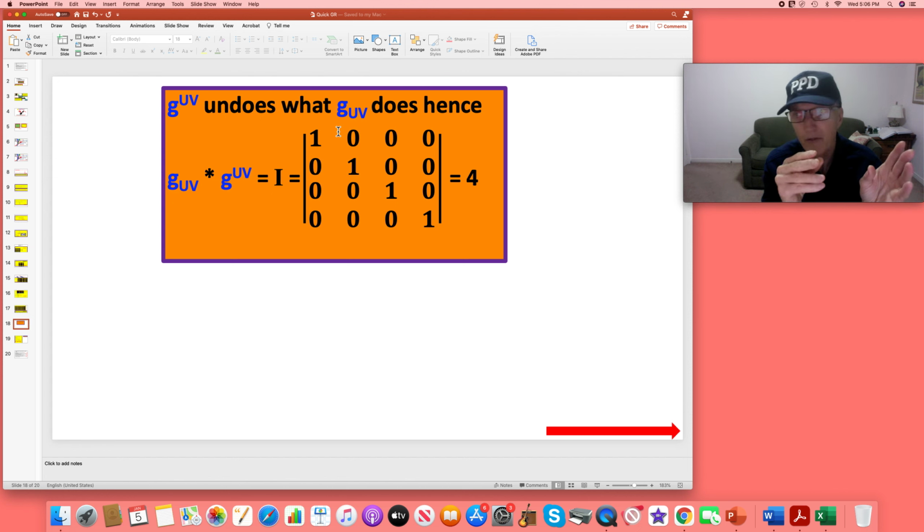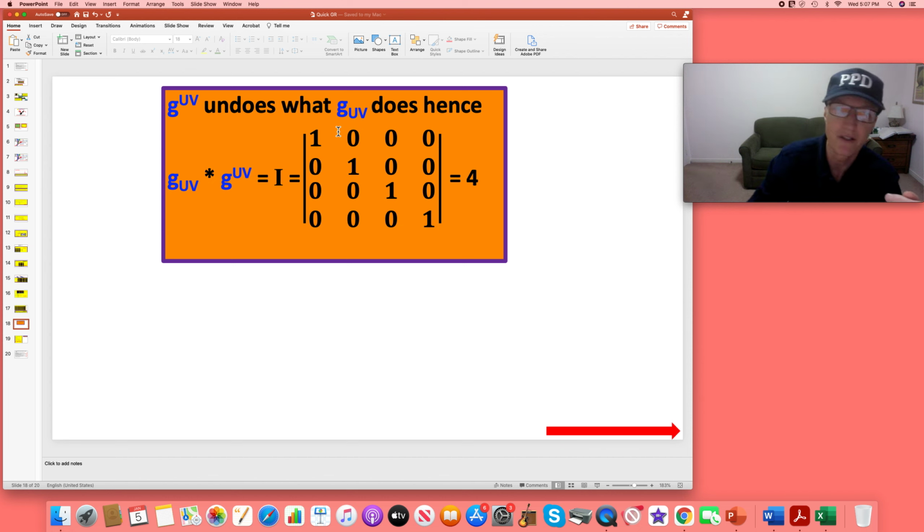Well, G superscript UV does something to the entity, and G subscript UV undoes it. So it leaves whatever you're multiplying the same. Now, if you multiply by 0, it doesn't leave it the same. It gets rid of it.